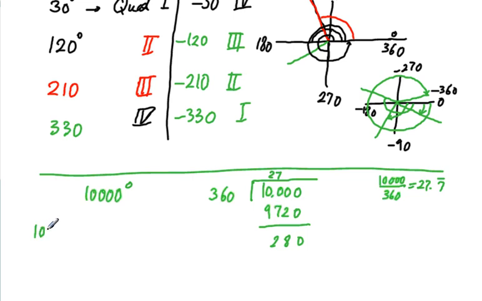So we say 10,000 degrees is made out of 27 full rotations, each of them 360, and then you're left with 280 degrees. Well, where is 280? Quadrant 4. So that tells you where the wrench is going to stop. This is quadrant 4.